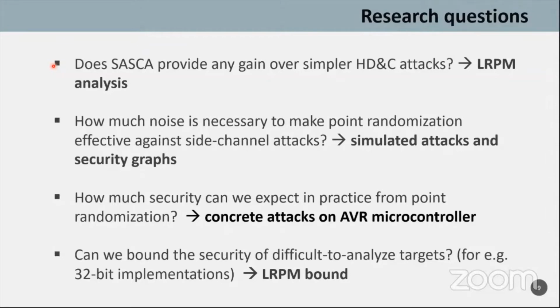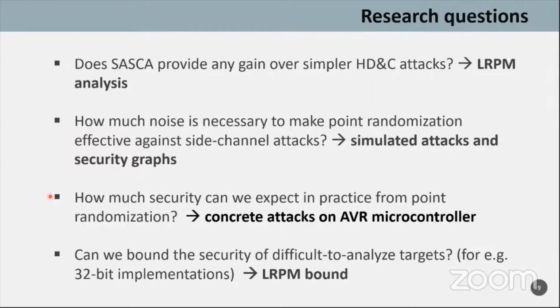To answer this question, we use the LRPM and compare both of the attacks on the field multiplication. The second question relates to how much side channel noise we need to protect point randomization against nearly worst case adversaries. For this, we perform simulated attacks and provide also the security graphs.